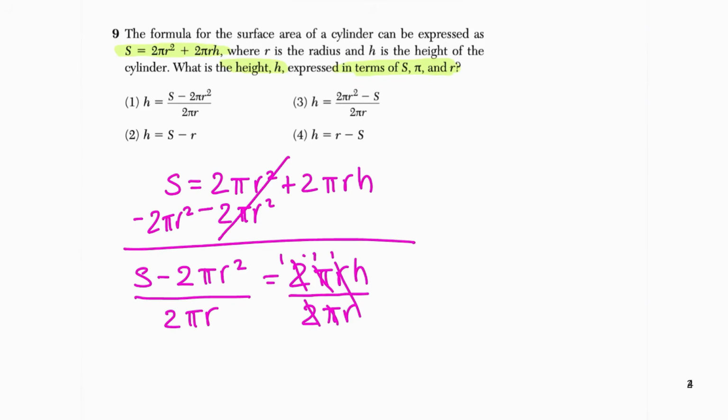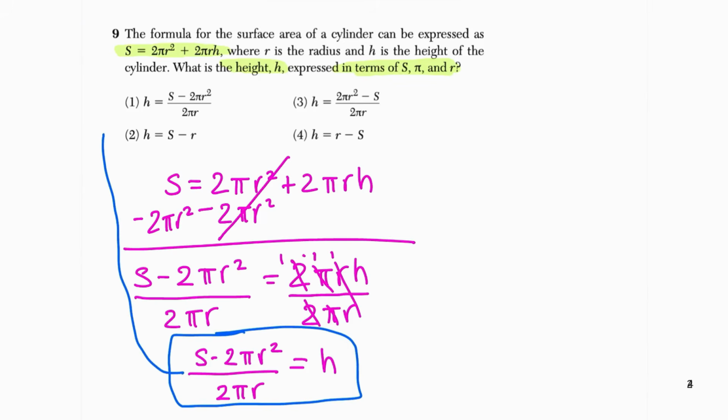And 1 times h is just h on its own. So now I have h isolated, and on the left side of my equal sign, I have s minus 2 pi r squared over 2 pi r. And so now I'm going to be looking for the answer choice that looks like this, and I see it in answer choice number 1.